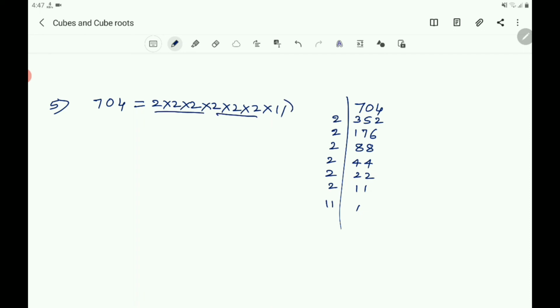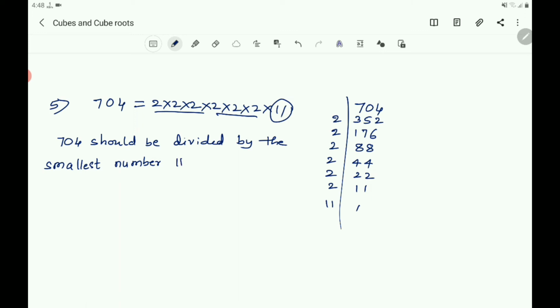Then the extra is 11. So 704 must be divided by 11 to make it a perfect cube. So you write 704 must be or should be divided by the smallest number 11 to make it a perfect cube.